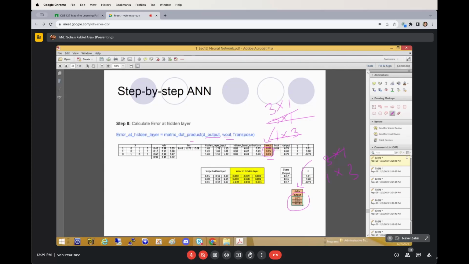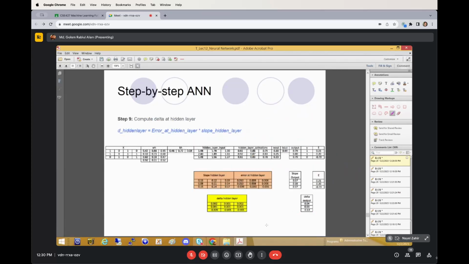So transpose the delta output, or place this one first and this one second. Then we will get an output of 3 times 3. So here the error at hidden layer will be a 3 by 3 matrix. We have already calculated the error at hidden layer using this. That means we have to multiply these two matrices to find the error.